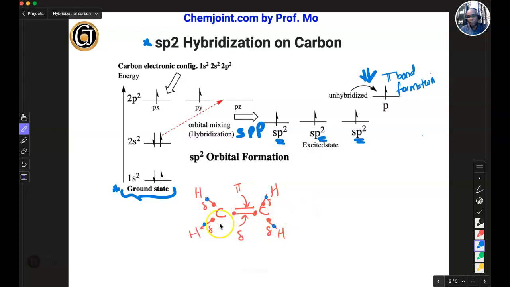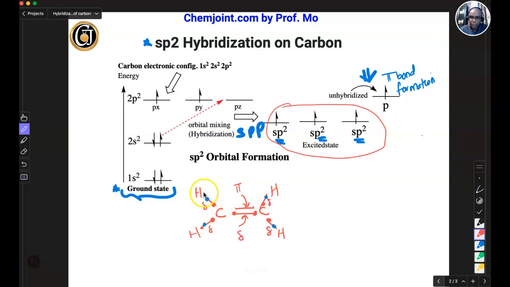So let's describe formation of the sigma bond here with the hybridization of carbon. We know that these electrons are sp2s. See, they are sp2s from this hybridization. They are those 3 red dots on each carbon.